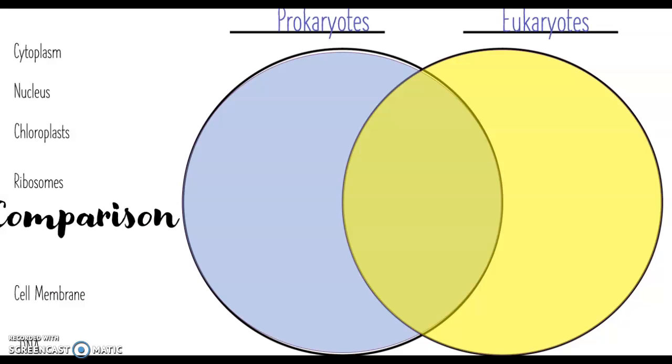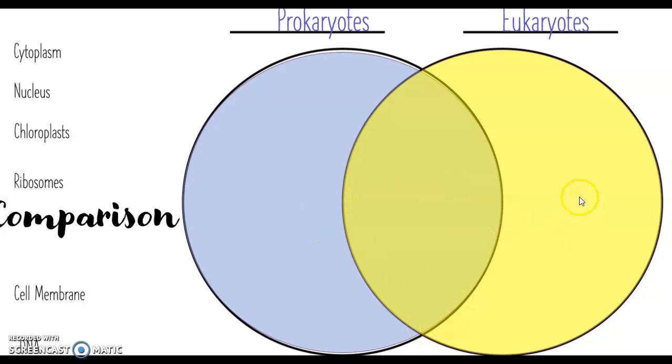So the next thing I want us to do, you need to get out a sheet of paper and put 2 circles on it. And I want you to label this circle prokaryotes and this one eukaryotes. But I want you to keep in mind that these circles are overlapping. You're going to have enough space in here to write stuff.